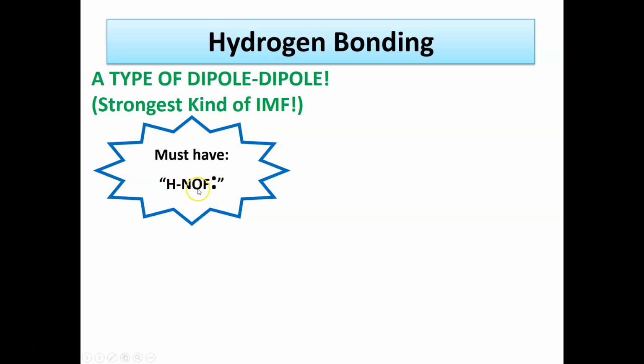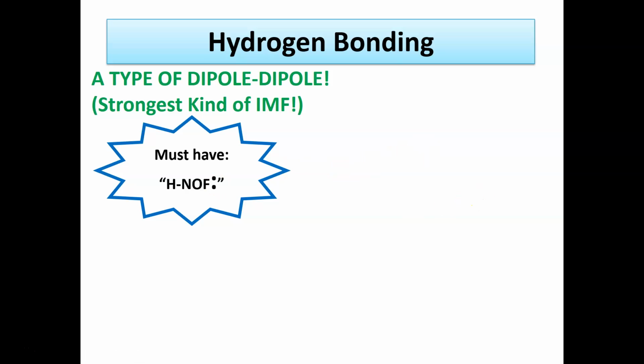It doesn't have to be all of them. One of these is fine. Whichever of these NOFs that you have, it also has to have a lone pair. If the nitrogen, oxygen, or fluorine does not have a lone pair directly on it, you won't have enough negative side, so it won't count. So you have to have H-NOF lone pair.